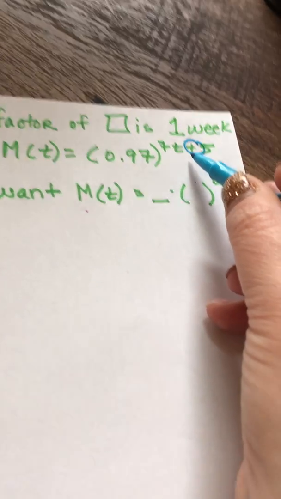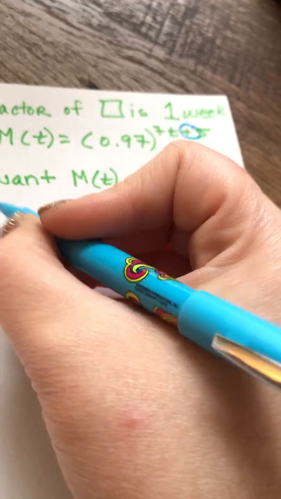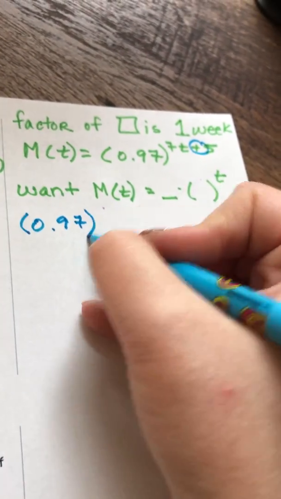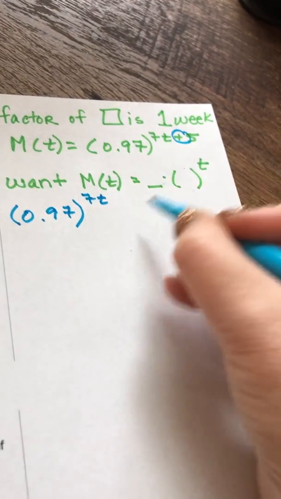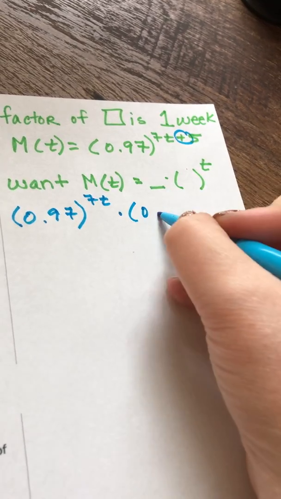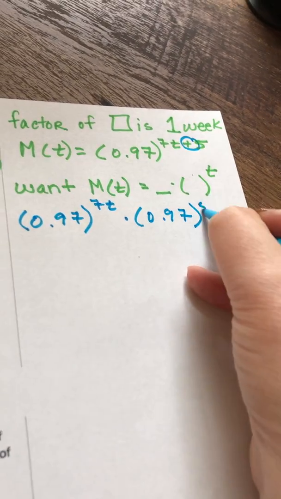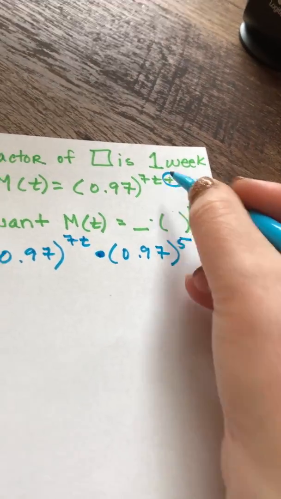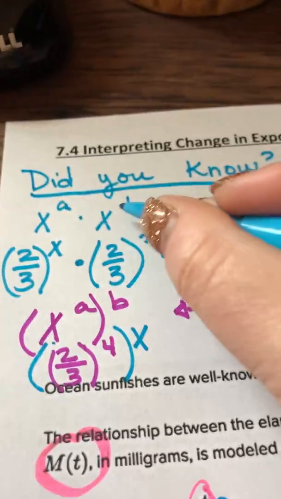So for us, we have this plus sign, and we're going to change it to multiplication. So we're still going to have 0.97 to the 7t times 0.97 to the 5. Where did we get this times? Well, because plus goes to multiply. Plus goes to multiply. Okay, good.